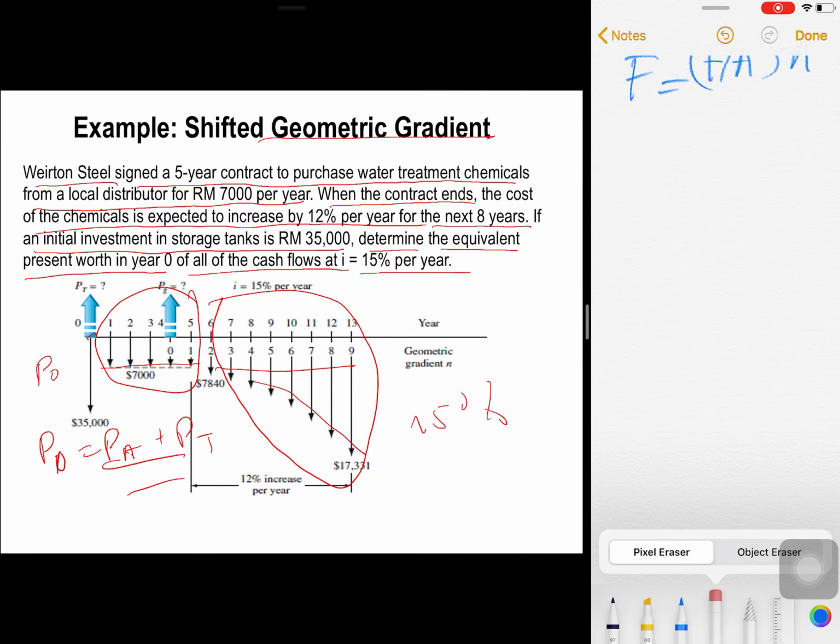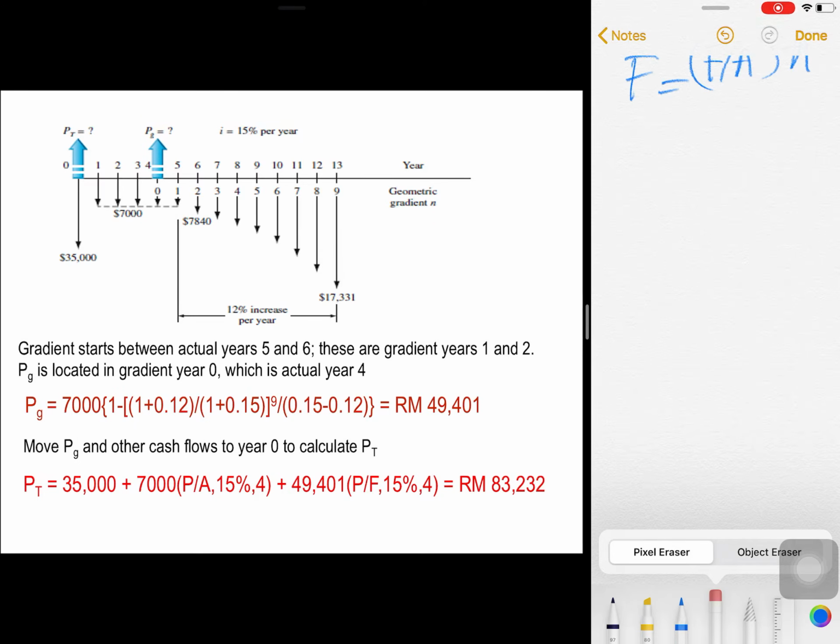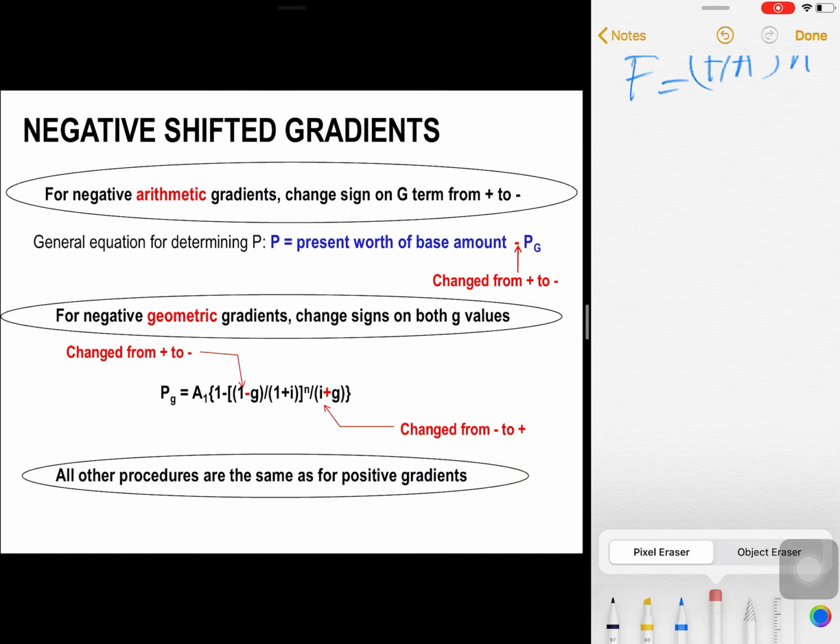Just follow the method that we've shown you before in the previous examples. Okay, so here is the solution. You can analyze the solution here, and you get the final answer of 83,232 ringgit.